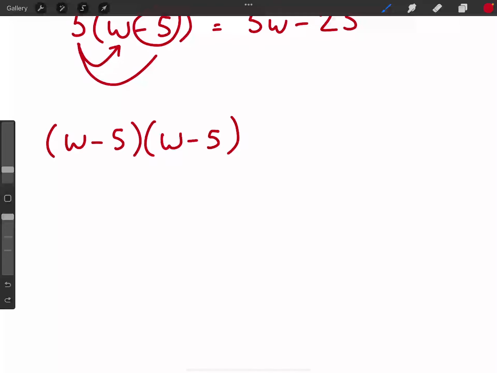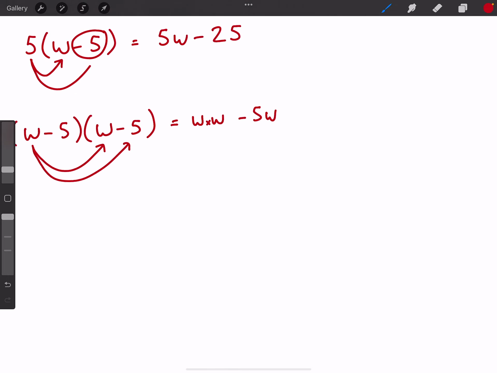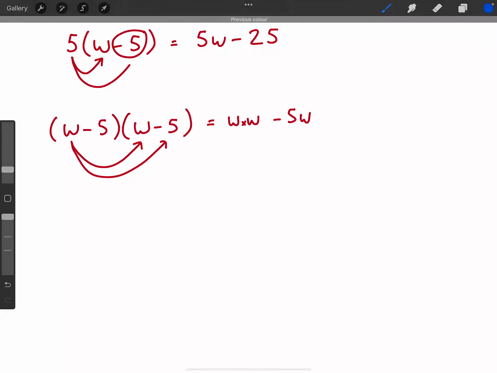Okay, so when we do this, we're going to say w times w, so we say w times w, and then w times minus 5, that's minus 5w. And then, now that we're done with that, we're going to do the next part, which is we use the second term, which is minus 5.